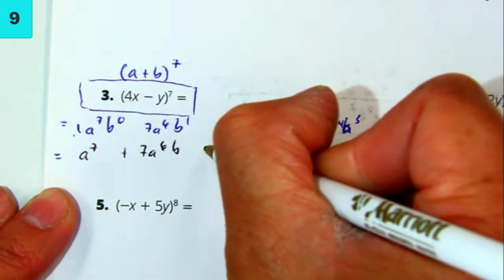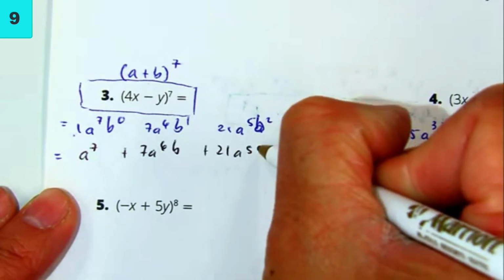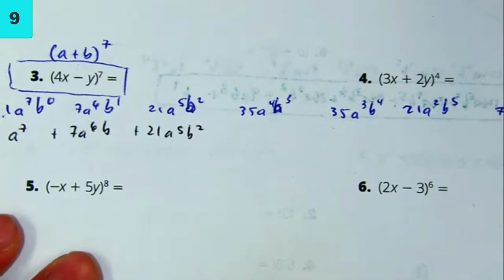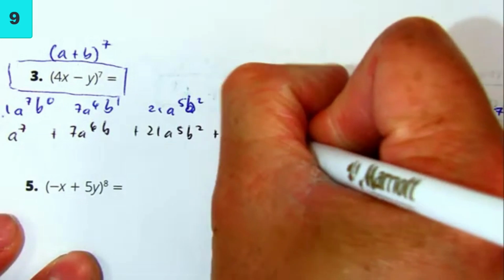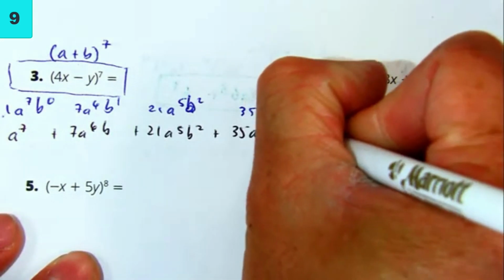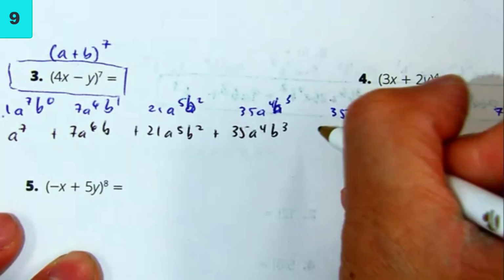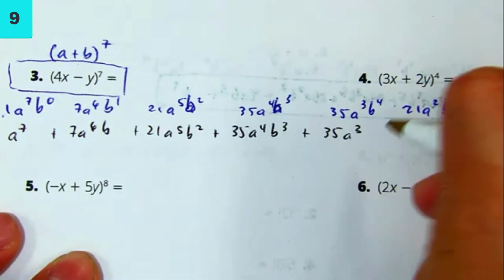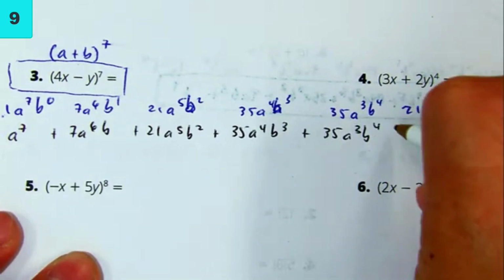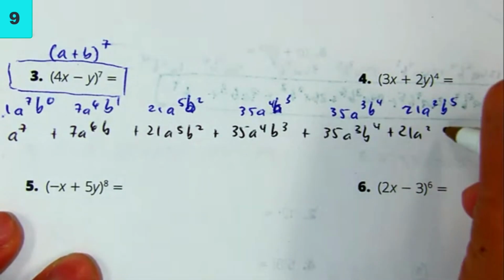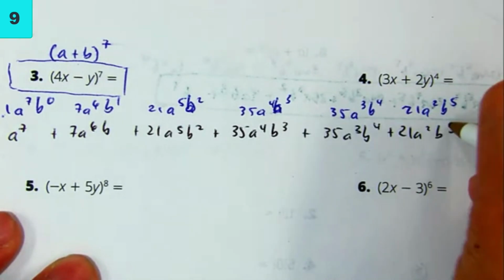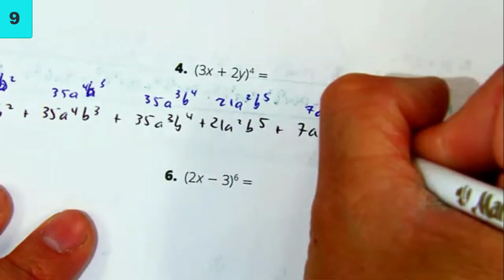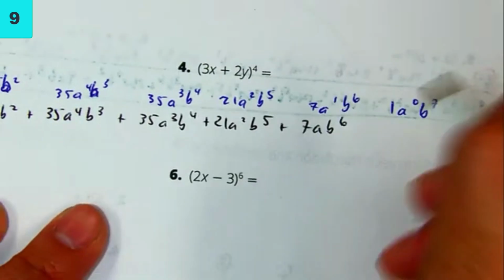Plus 21 A5 and B2, plus 35 A4 B3, plus 35 A3 and B4, plus 21 A2 and B5, plus 7 A and B6, plus B7.